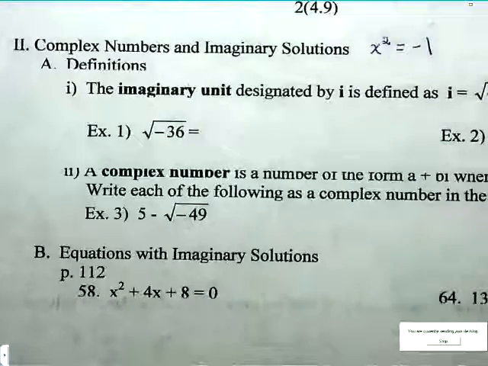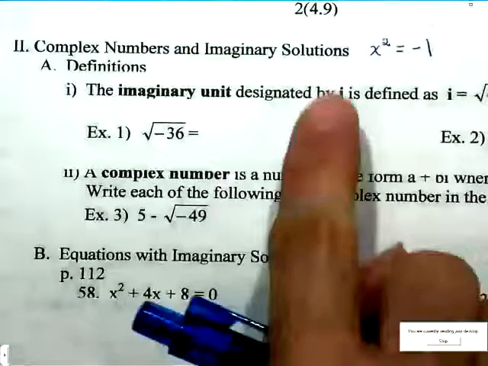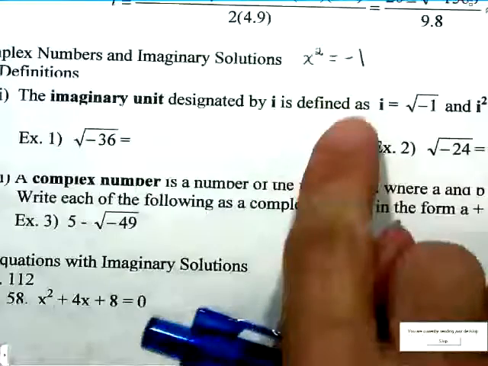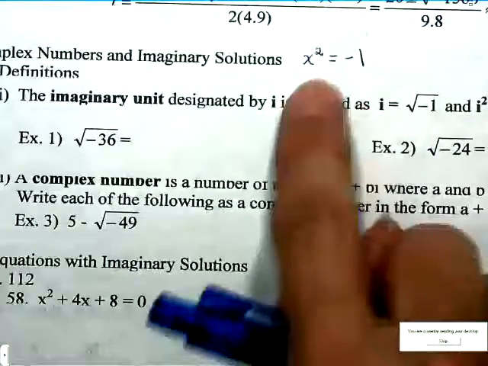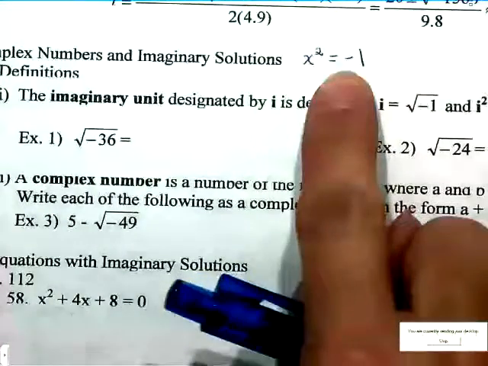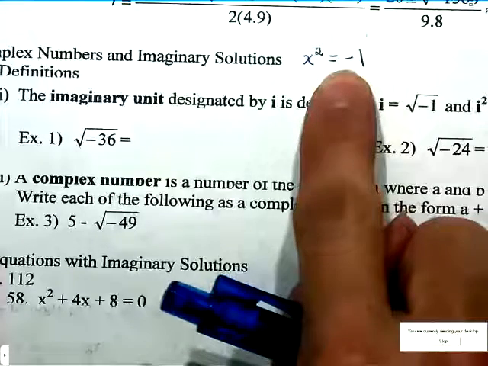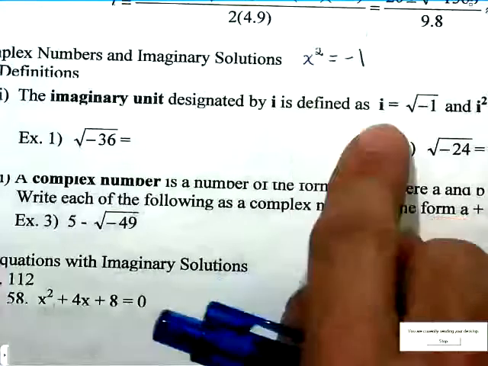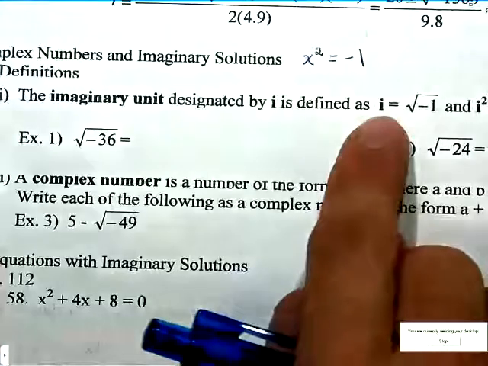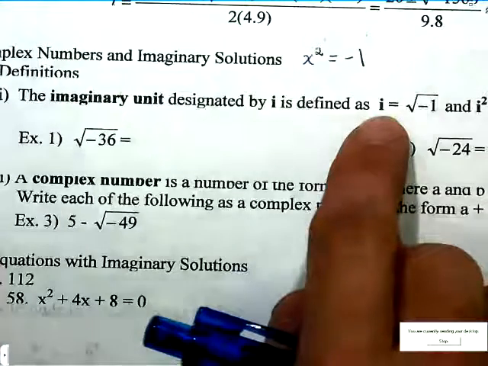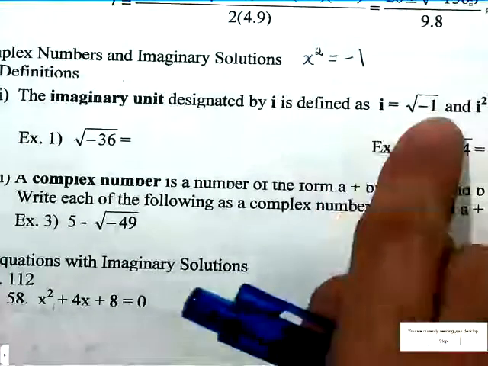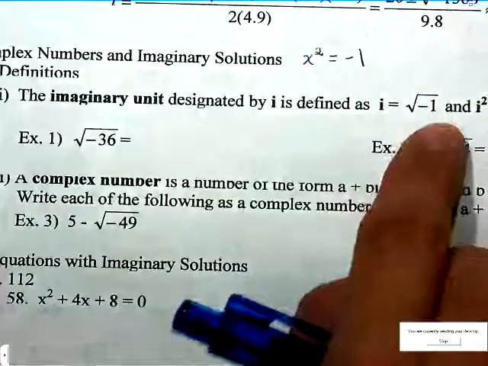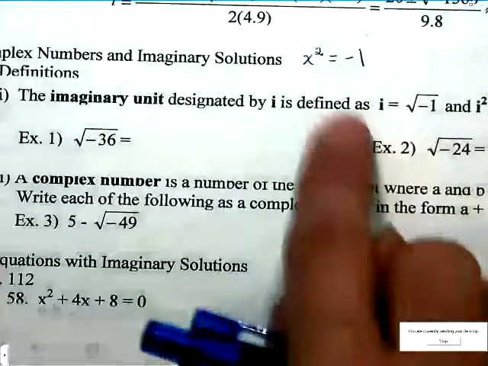The imaginary unit is a symbol that Leonhard Euler said, to solve this problem, we just need a new kind of number. Let's call it i, and define i to be the square root of -1. That opened a whole new field of mathematics.